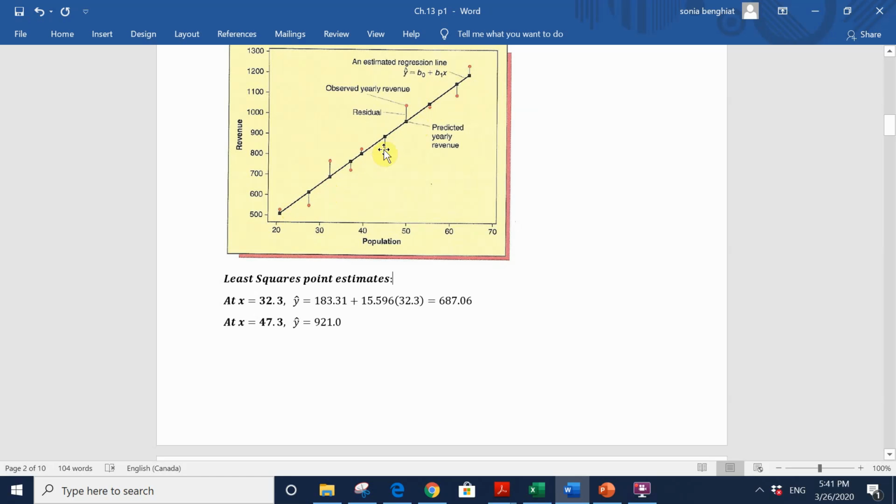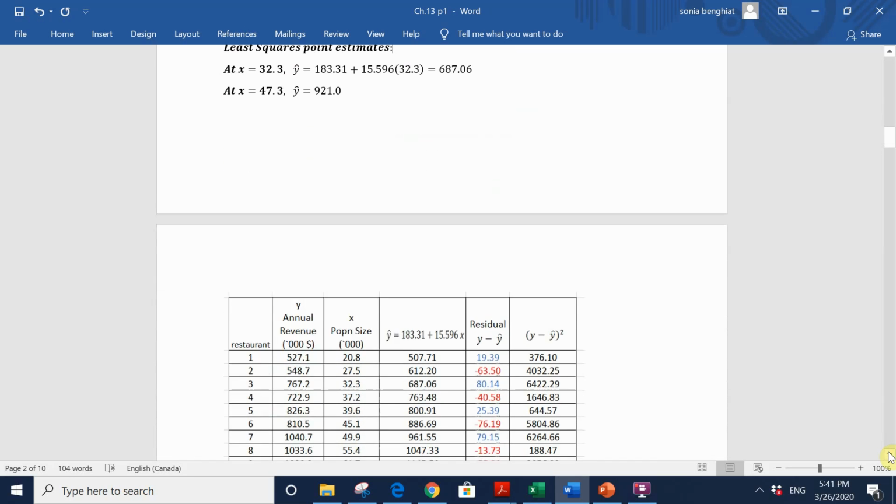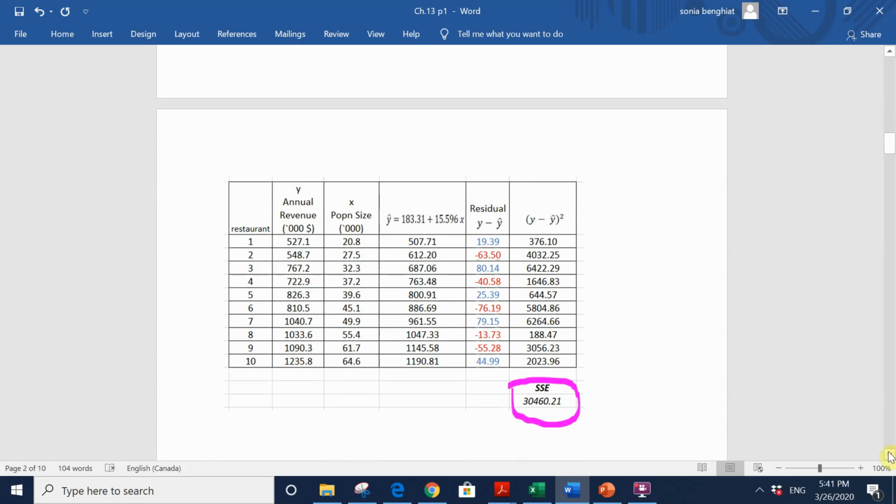We see these deviations right here, and these deviations are what we call the residuals. They are the vertical distances between each observed y and its corresponding line of means value for a given x value.